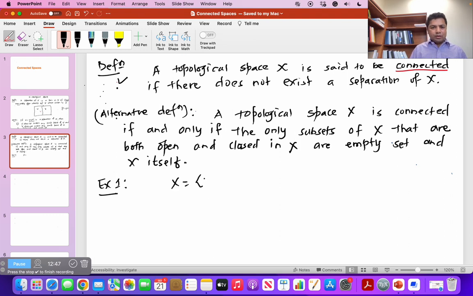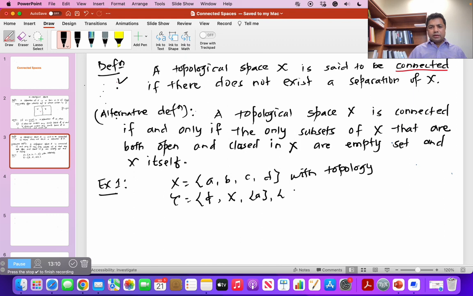Let's say X is a topological space whose elements are A, B, C, and D with topology tau: the empty set, the whole set, the singleton sets A and B, the two element set A, B, and the sets A, C, D, and B, C, D. Okay, so we have a topological space X with this topology.